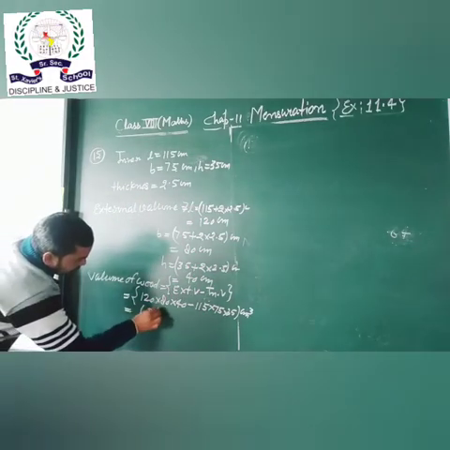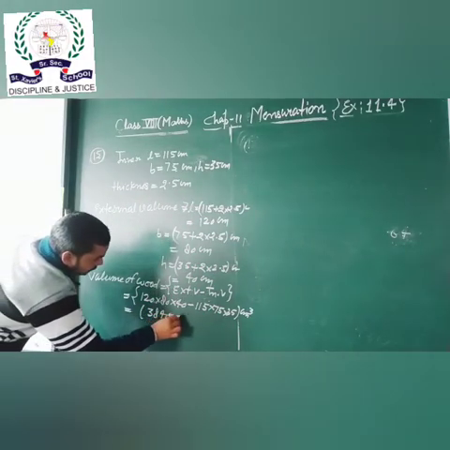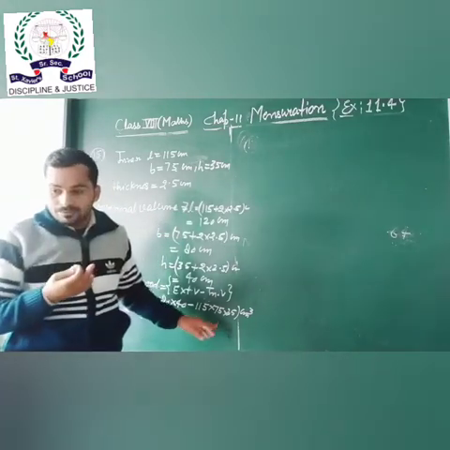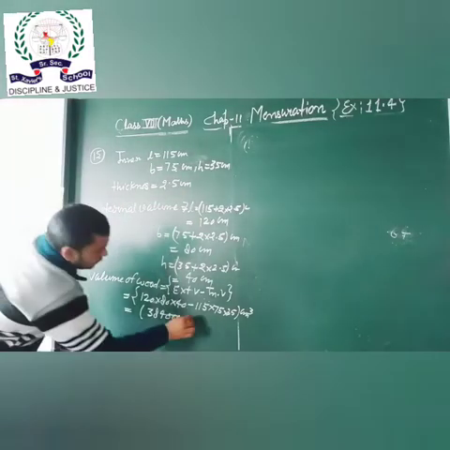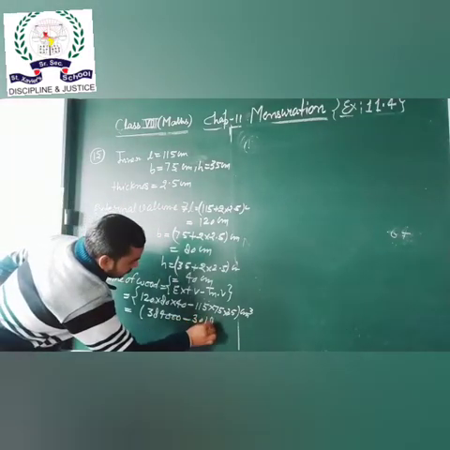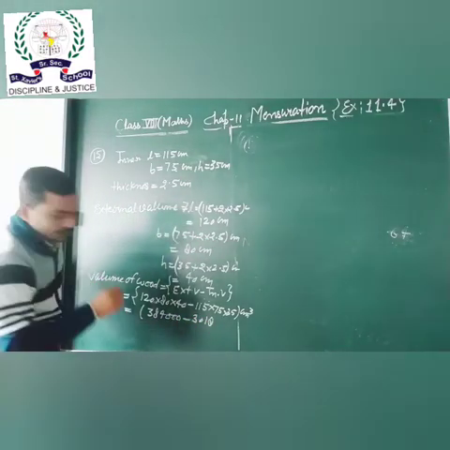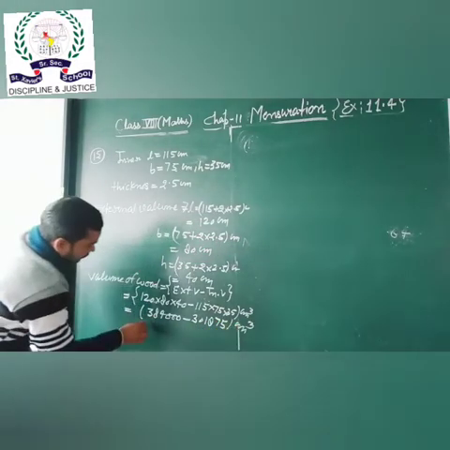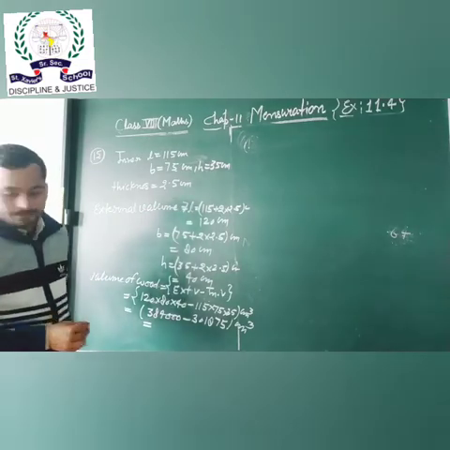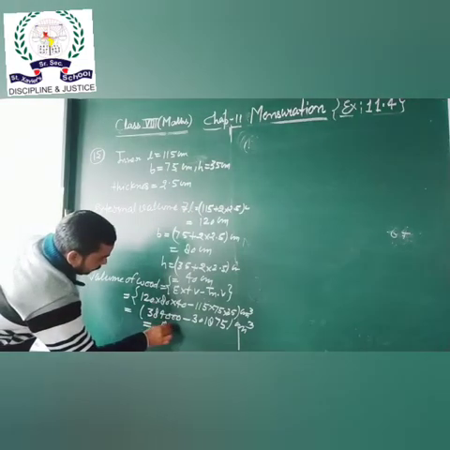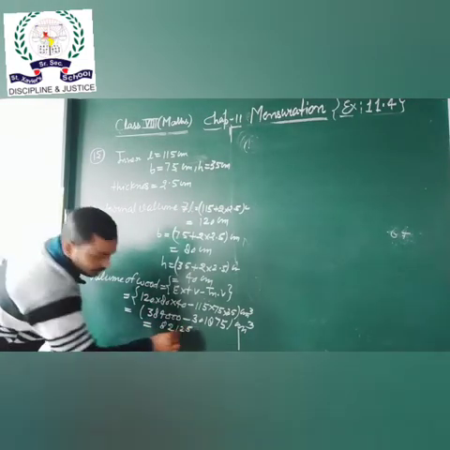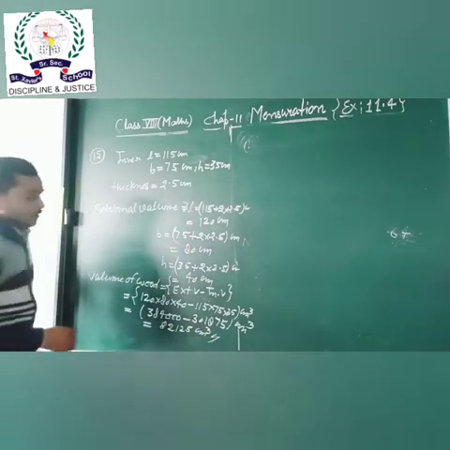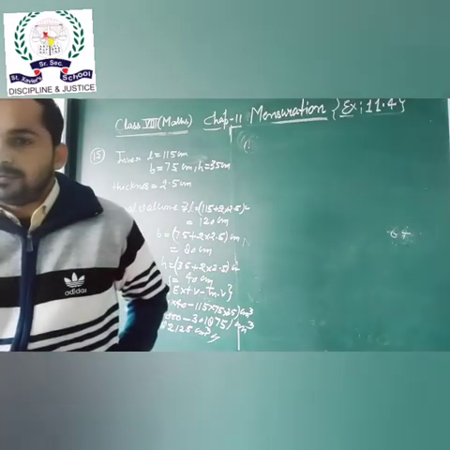So 384 with 3 zeros minus 115 into 75 into 35, which is 301875 centimeter cube. When we subtract, we get 82,125 centimeter cube. So this is the volume of wood.